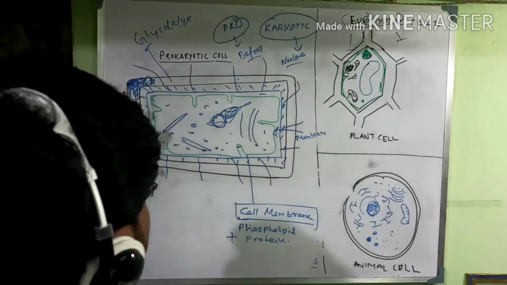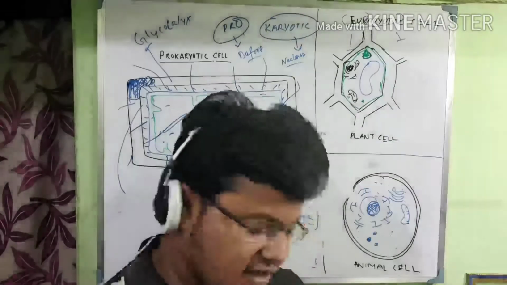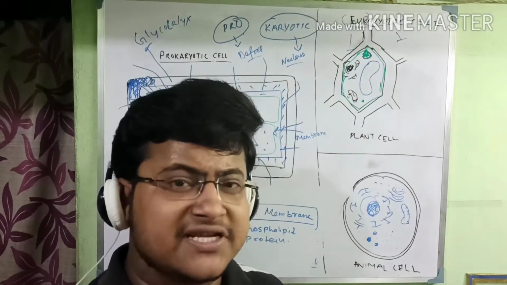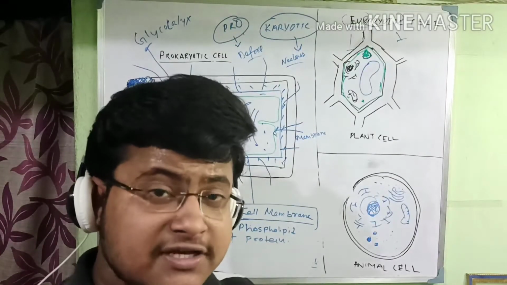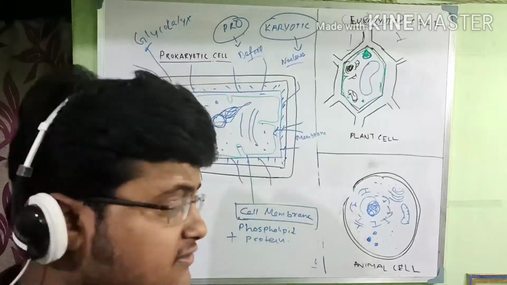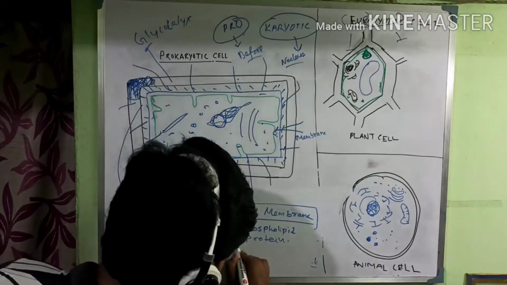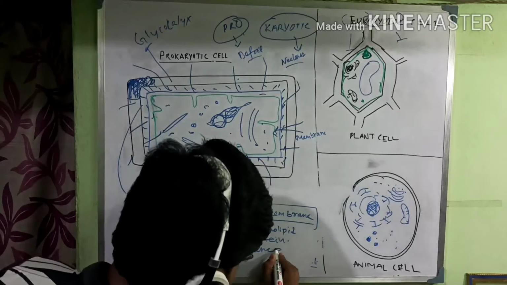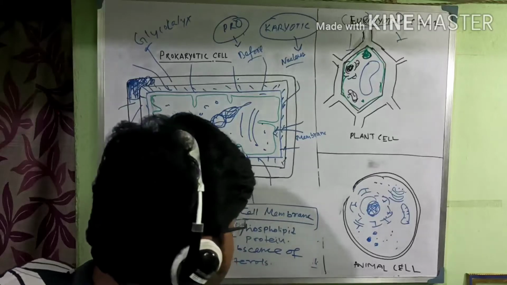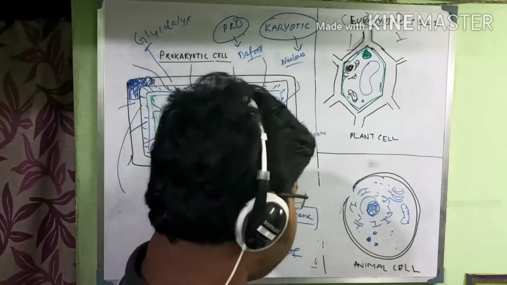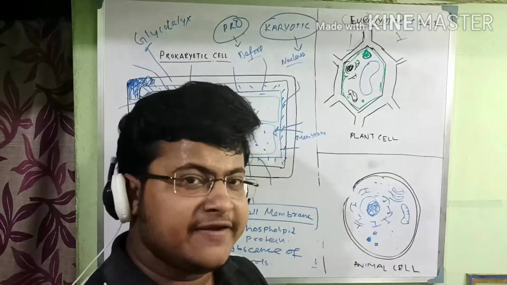The cell membrane, or the cytoplasmic membrane, has an absence of sterol, which helps in resistance against antibiotics.